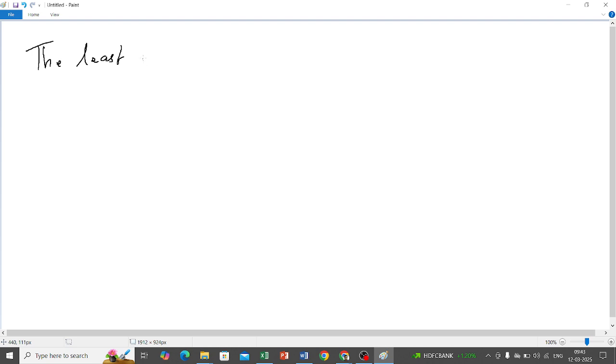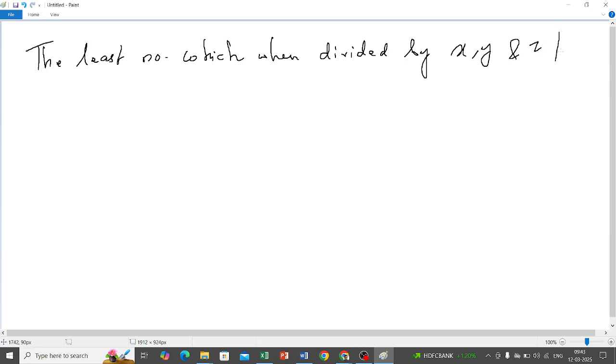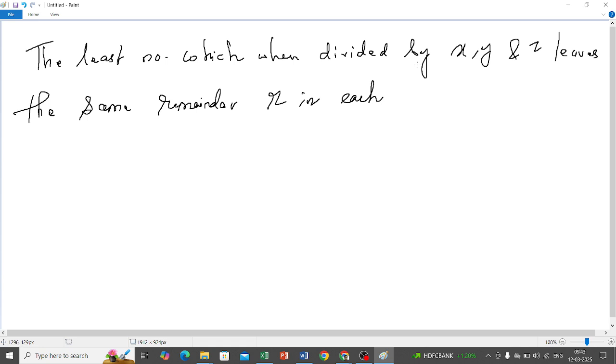The least number which when divided by x, y and z leaves the same remainder r in each case.